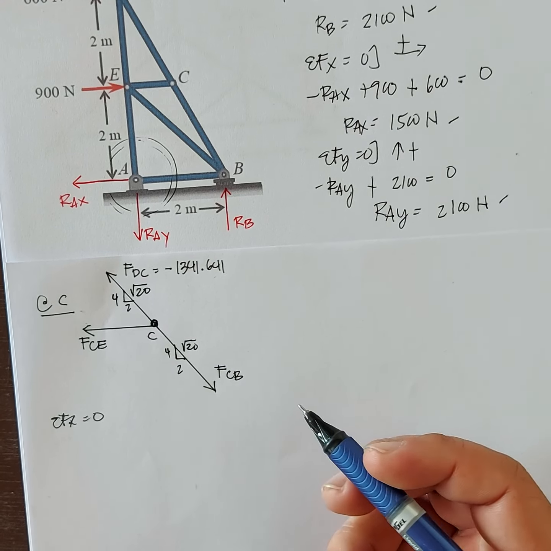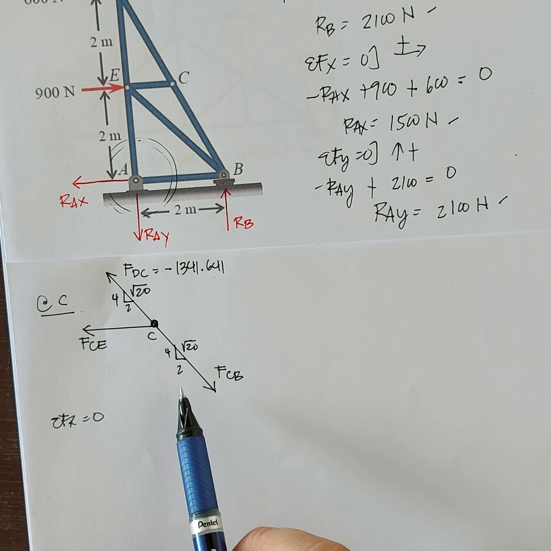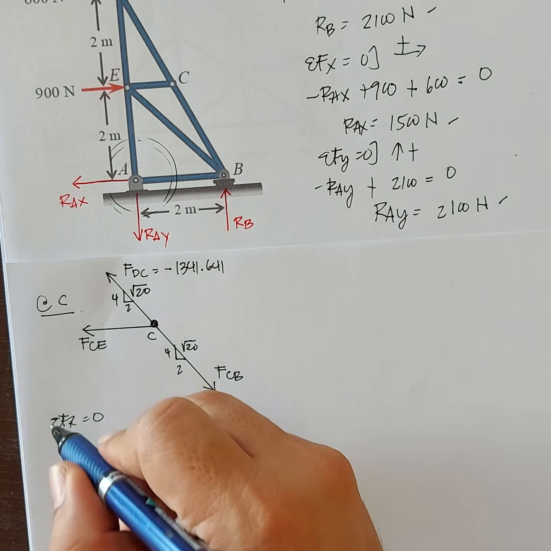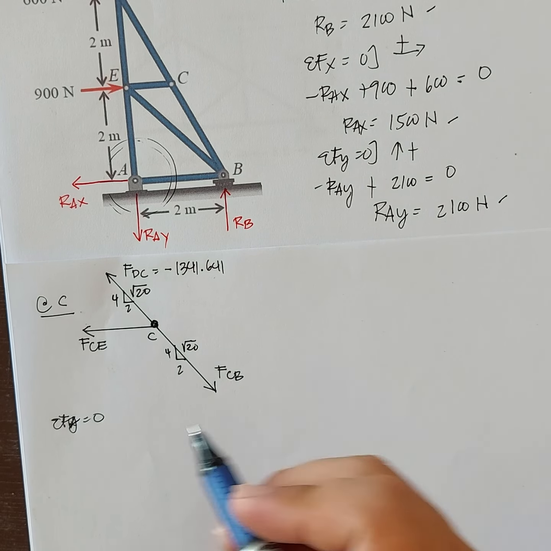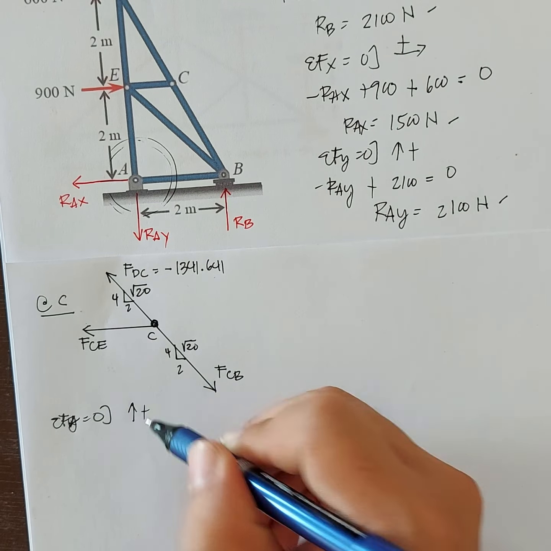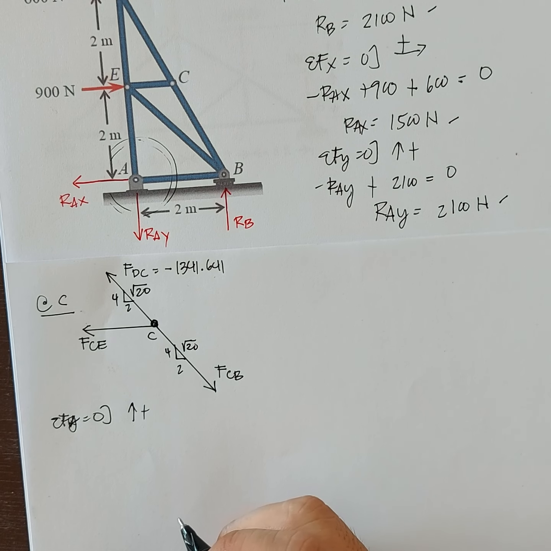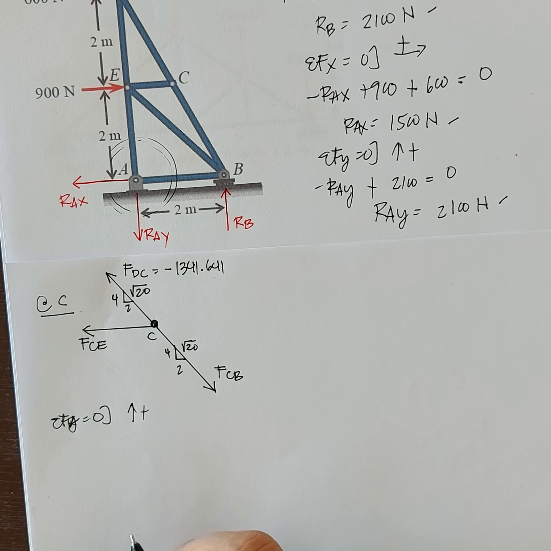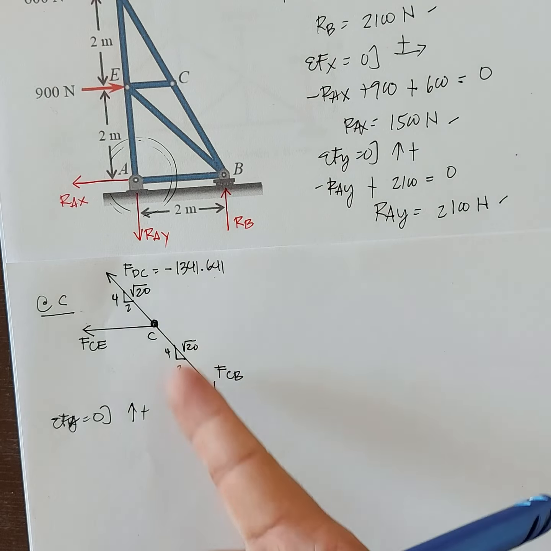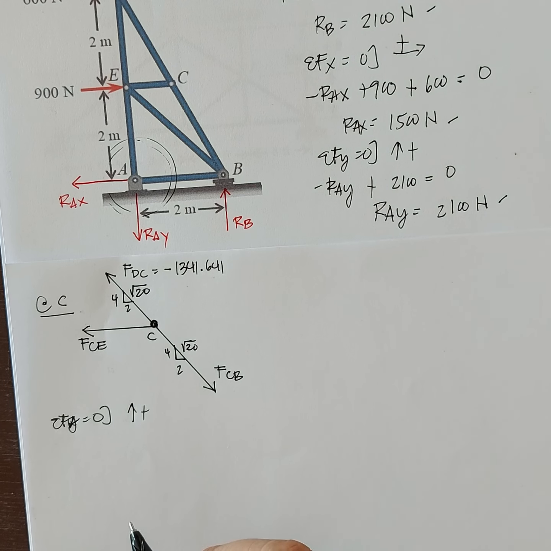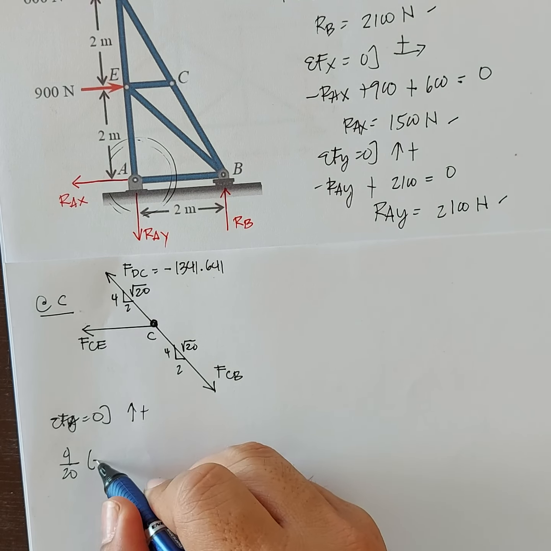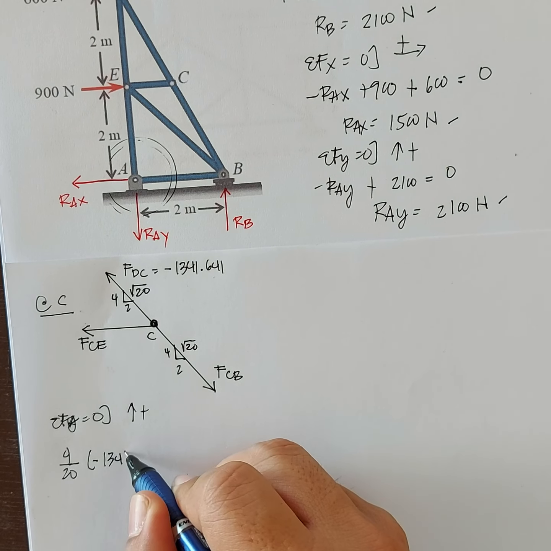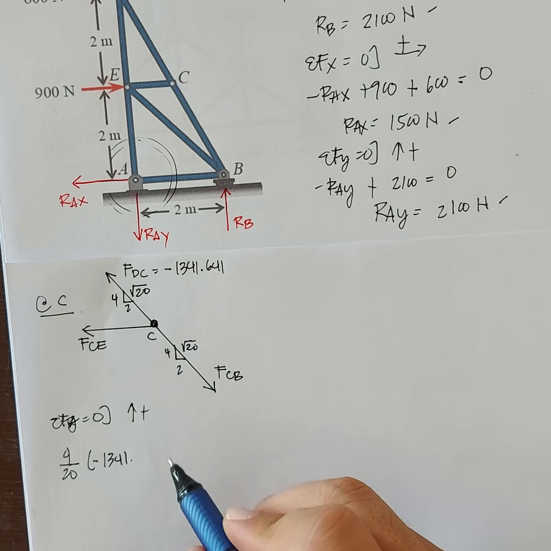I think it would be better if we solve muna, summate muna ng forces along y-axis para masolve natin agad yung FCB. Equals 0. So, upward forces, positive. So, ano yung mga forces along the vertical direction? Ito, vertical components of these two forces. So, we have 4 over 20 times negative 1341.641.